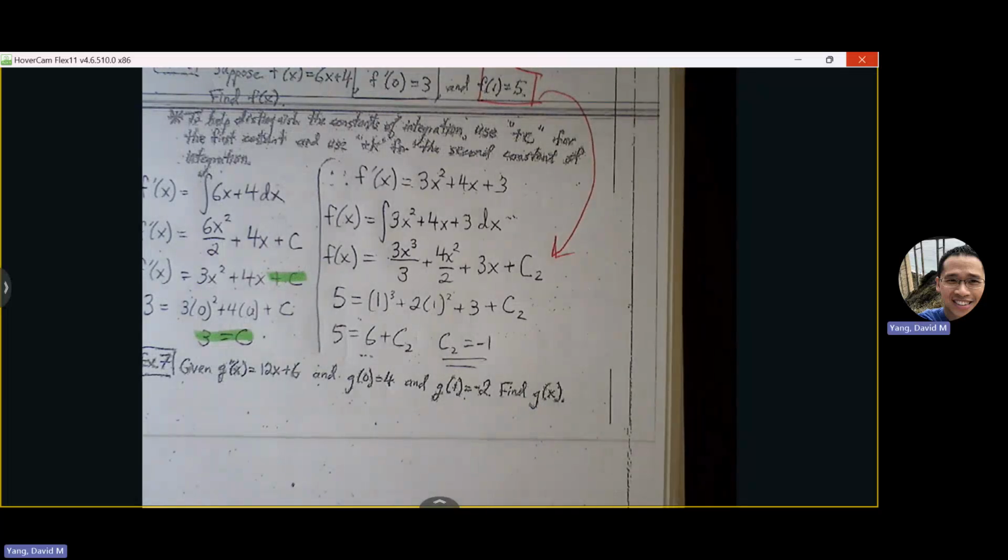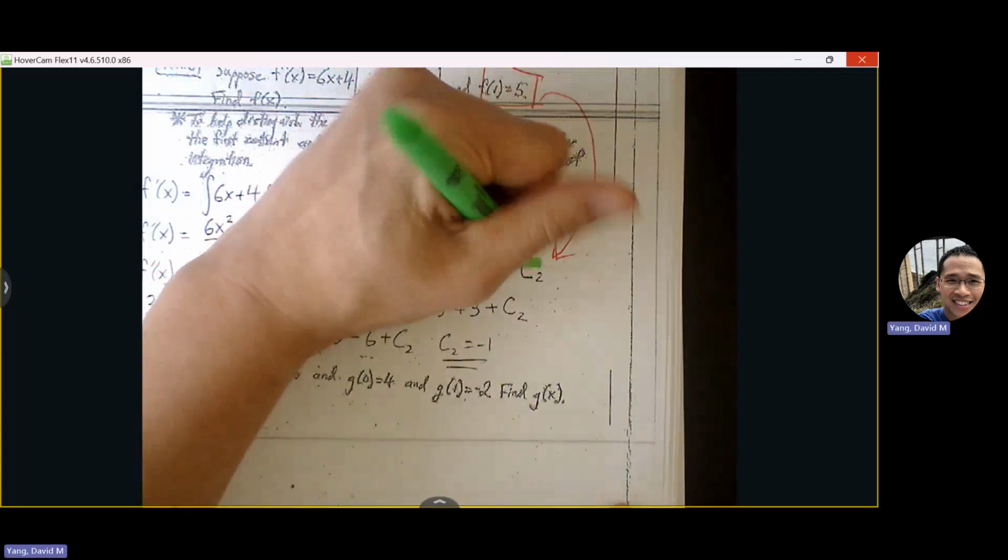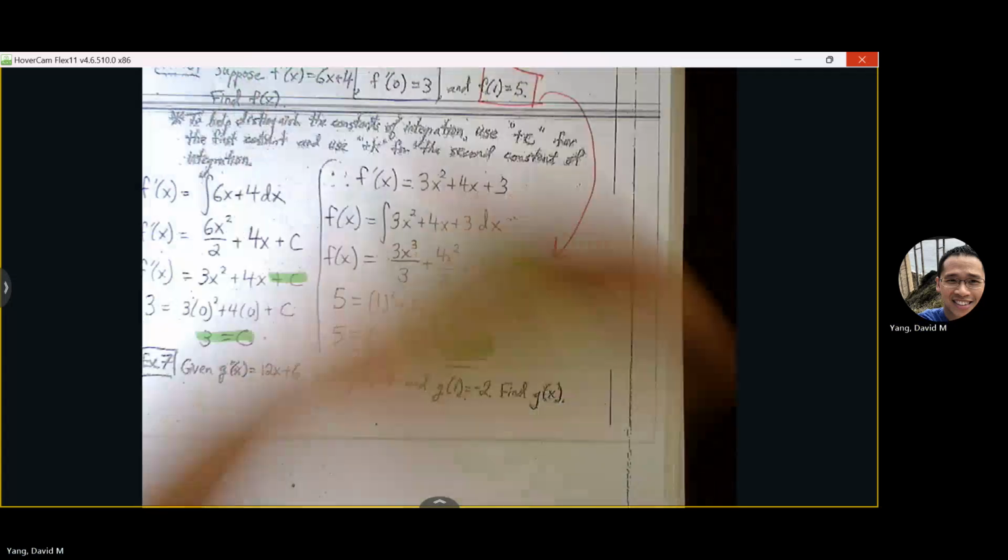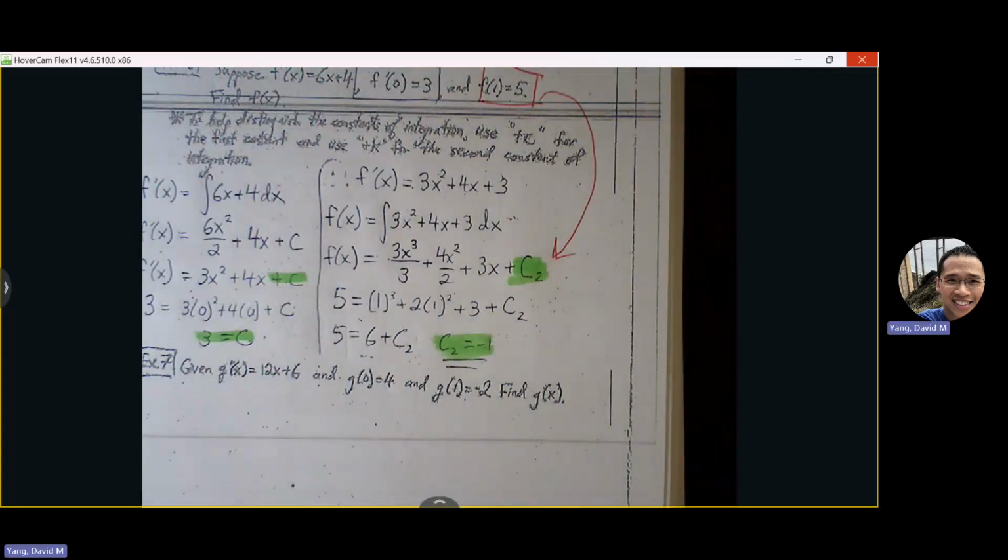So I have my other c value being -1. So now I can update my function f of x with a specific solution.